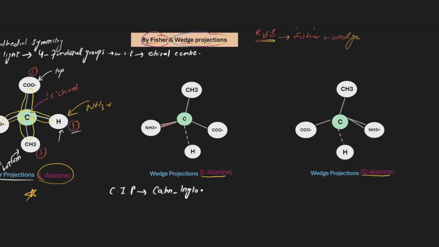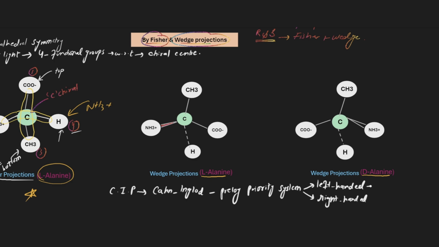Ingold, Prelog priority system. And what does this system actually mean? It represents whether a particular molecule, whether an amino acid, a protein structure, or a DNA molecule, is in the left-handed orientation or in the right-handed orientation.